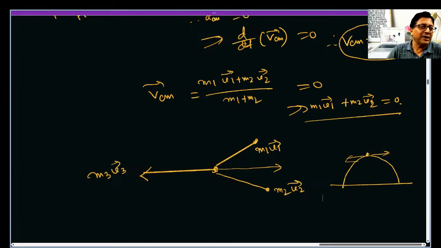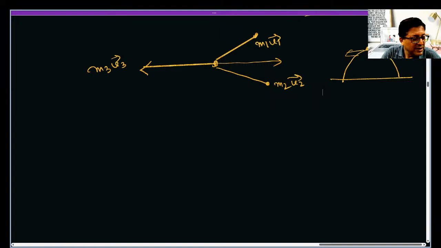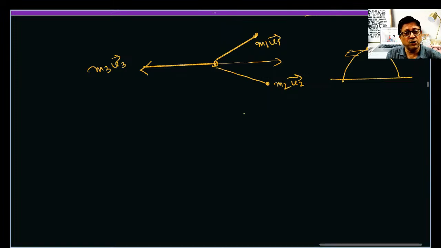So now the question arises, can we apply Newton's second law of motion for a system of particles also? What have you done about system of particles so far? You have just studied center of mass, isn't it? So let us show that Newton's second law of motion can be used for a system of particles also.